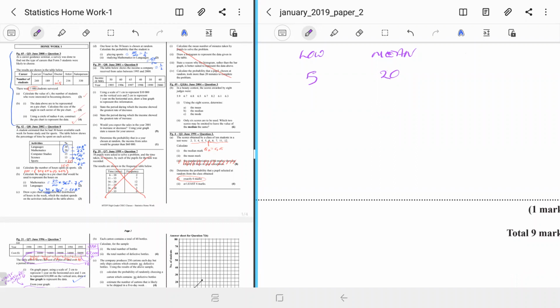And let's say the highest value is 35. Keep it balanced, just for the purpose of the explanation. That's one set of data. So this is data 1.